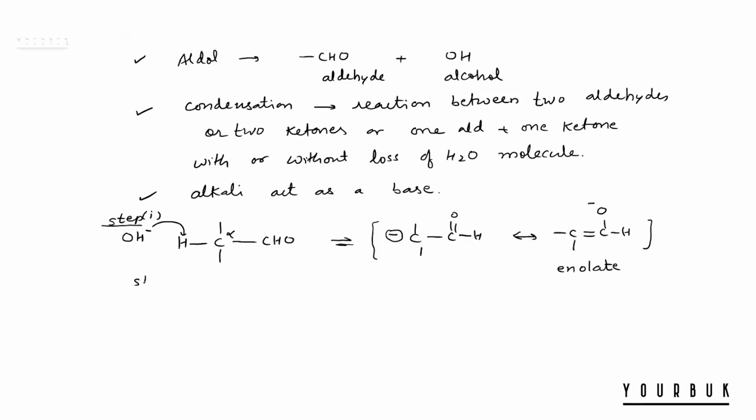Now step number 2 is this enolate ion acts as a nucleophile and adds across the carbonyl group of the second molecule.